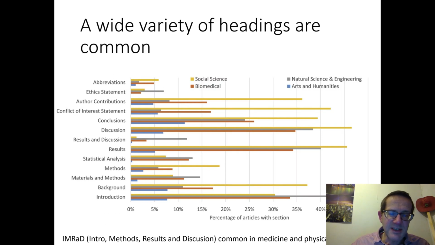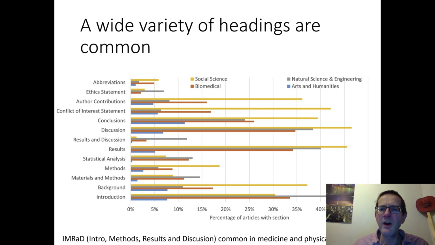So just out of interest, this graph shows the percentage of different headings that are used in different academic fields. The yellow is the social sciences, and you can see that in the social sciences there's no one heading that's used in the majority of all papers.